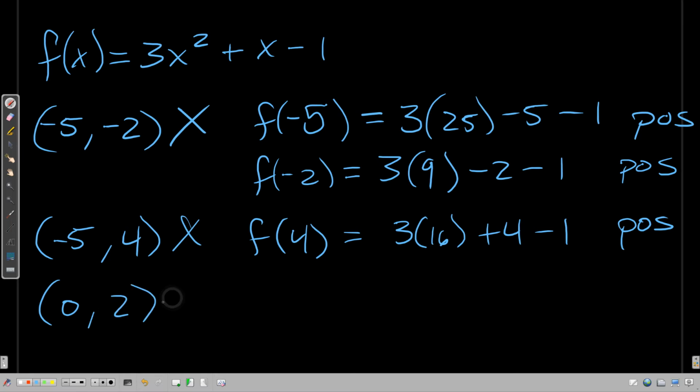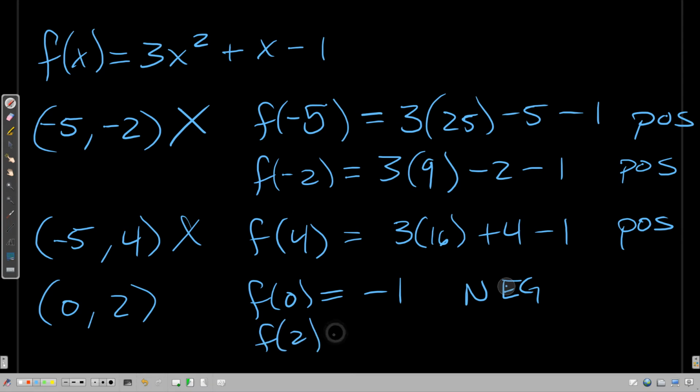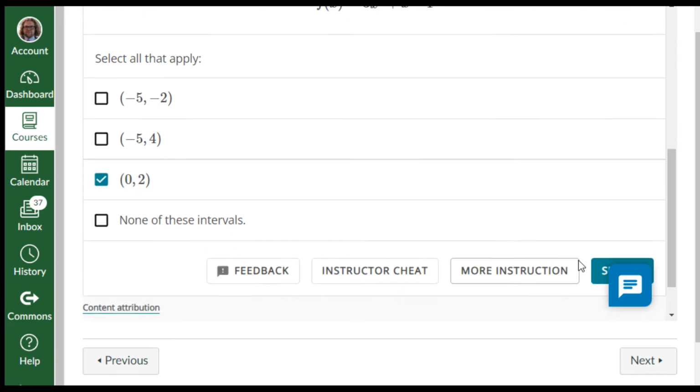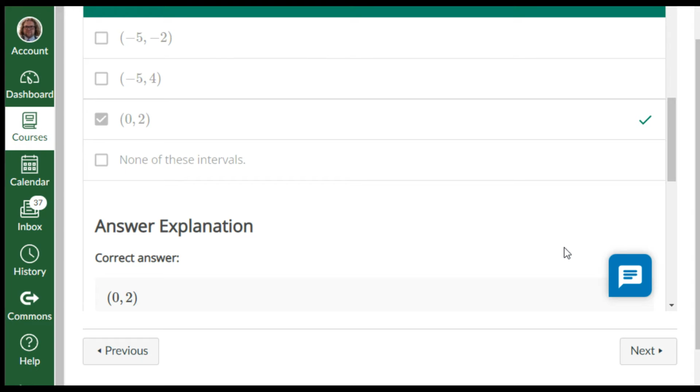What about the interval from 0 to 2? Well, f of 0 is -1, which is negative. And f of 2 is 3 times 4 plus 2 minus 1, which is positive. So we have a winner. We are guaranteed that there is a 0 on that interval.